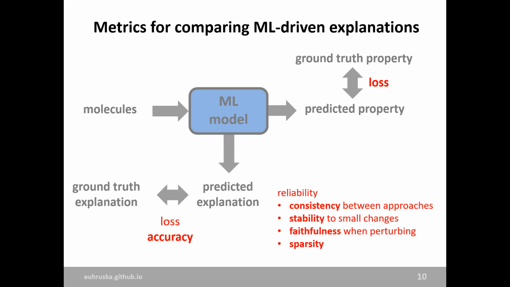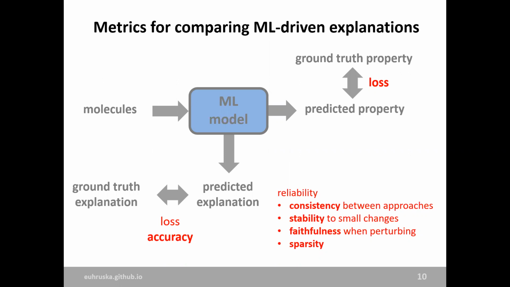So here's the schema where we have the different losses when we calculate explanations. On the top part is just typical: as input are the molecules, output is the predicted property. We have the first loss, which is the accuracy in predicting the property. But as the second output of the machine learning model is the predicted explanation. And we have a second loss, which is the accuracy of the explanation itself. If we have a ground truth explanation available, we can calculate the difference between the predicted and ground truth explanation, and that's accuracy.